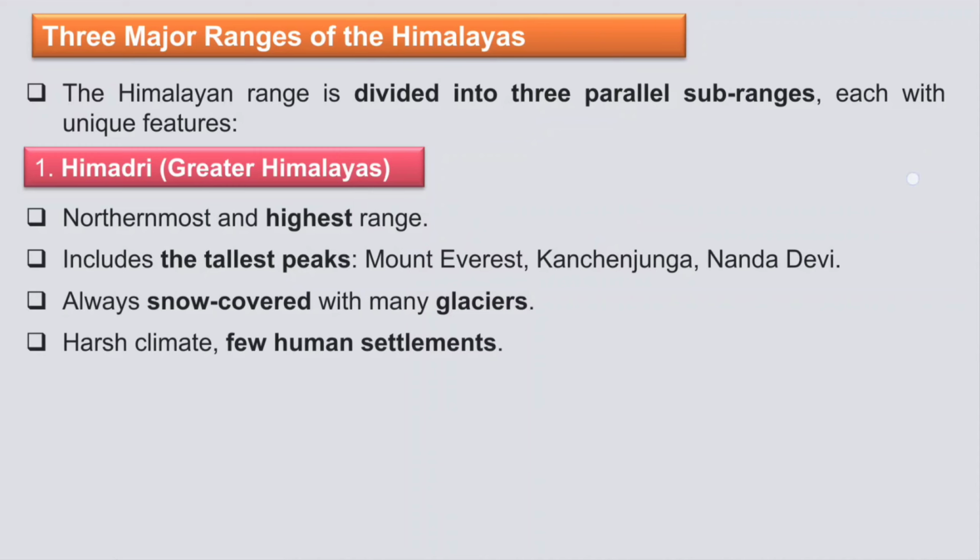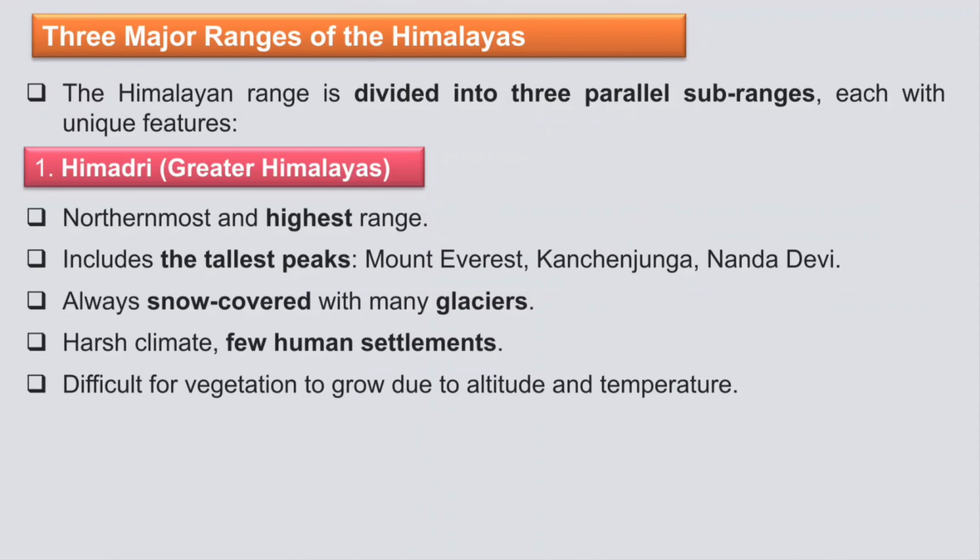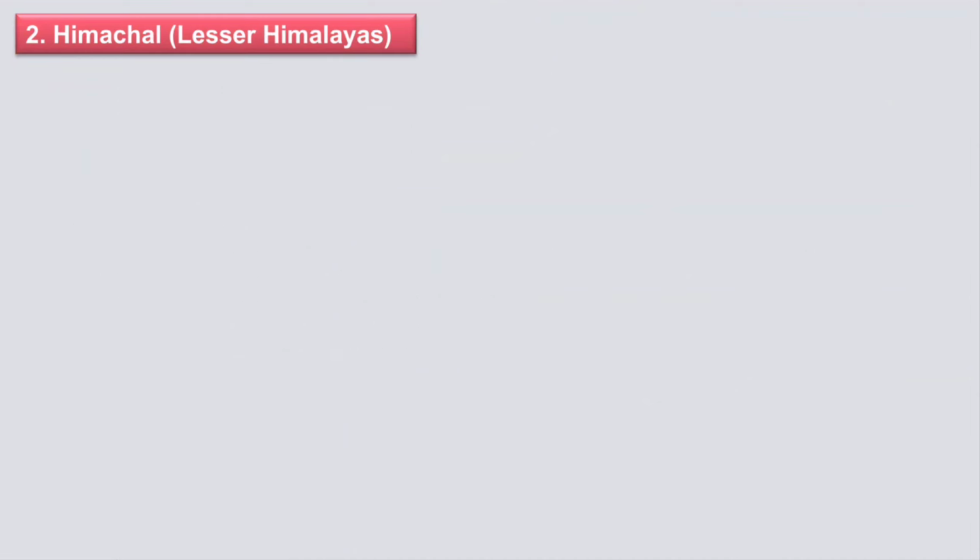It is difficult for humans to live there, and difficult for vegetation to grow due to the altitude and the freezing cold temperature. Because of the high altitude, agriculture and vegetation are very difficult. That is why there are very few human settlements there.